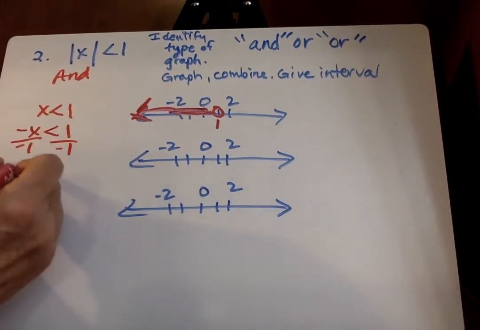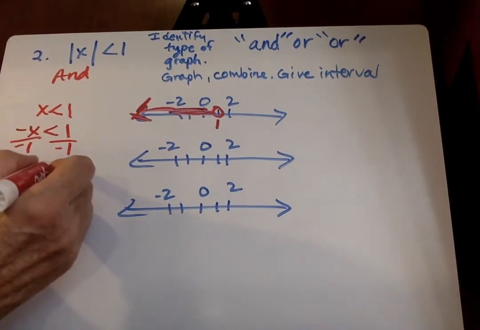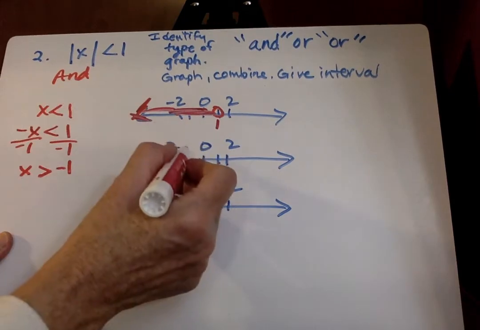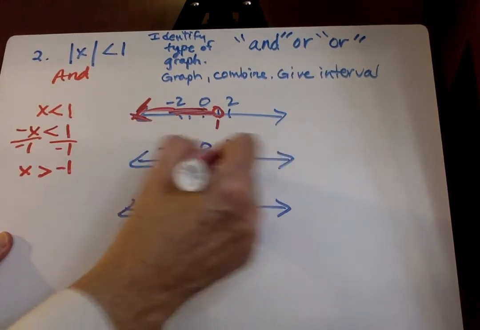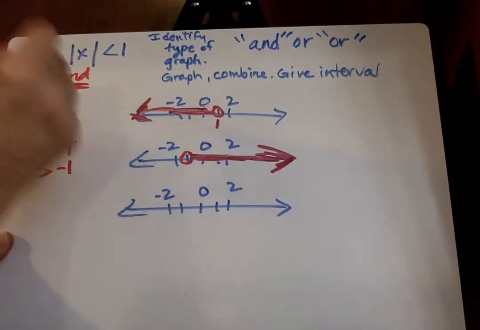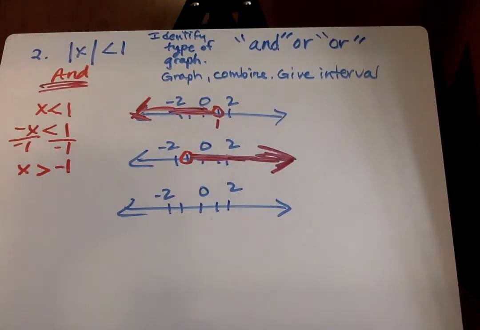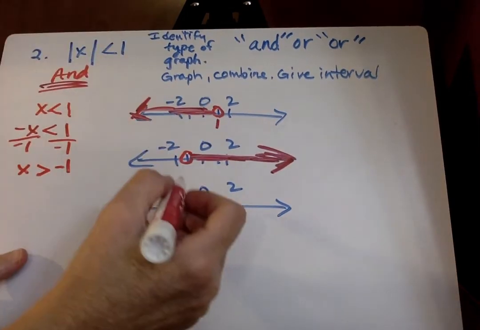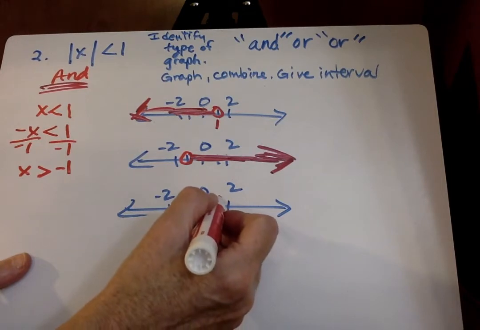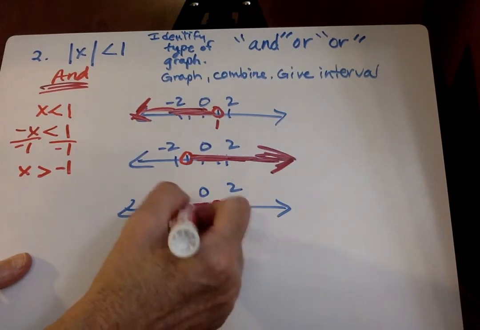And when you divide by a negative, you flip the sign. Or x is greater than negative 1. Now, since we know it's an and, we go ahead and we shade what's in common in both. So we say it goes from negative 1 to positive 1 and shade it in between.